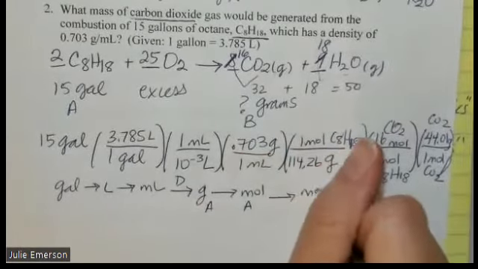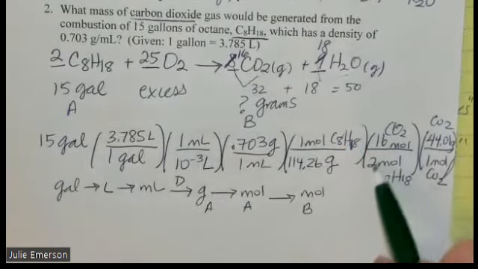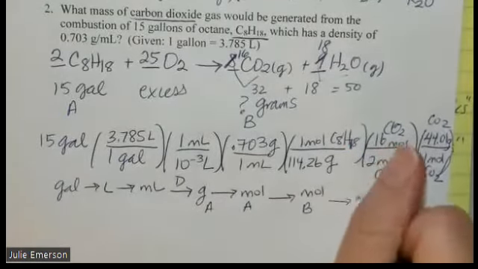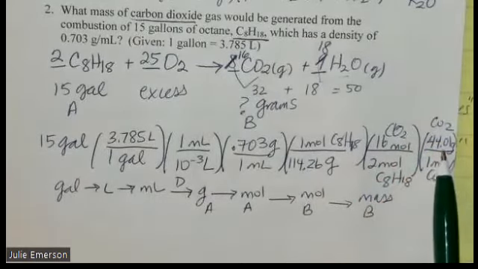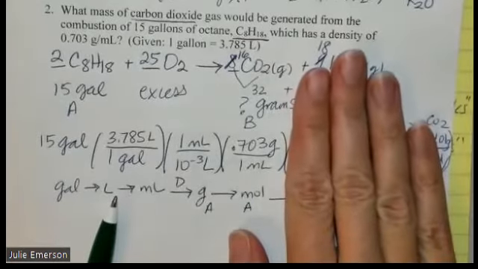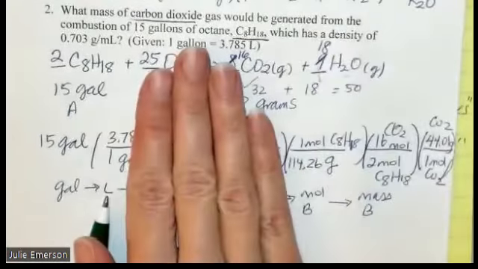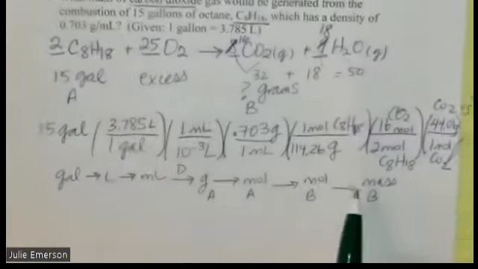Then from there, I could switch and go to moles of B. That's the ratio that we look at from our balanced equation. And then after that, we can go to mass of B using our molar mass from the periodic table. So the first half of this is like chapter 1, and the second half of this is chapter 4. All right, chapter 3 and 4. So that was the flow chart.